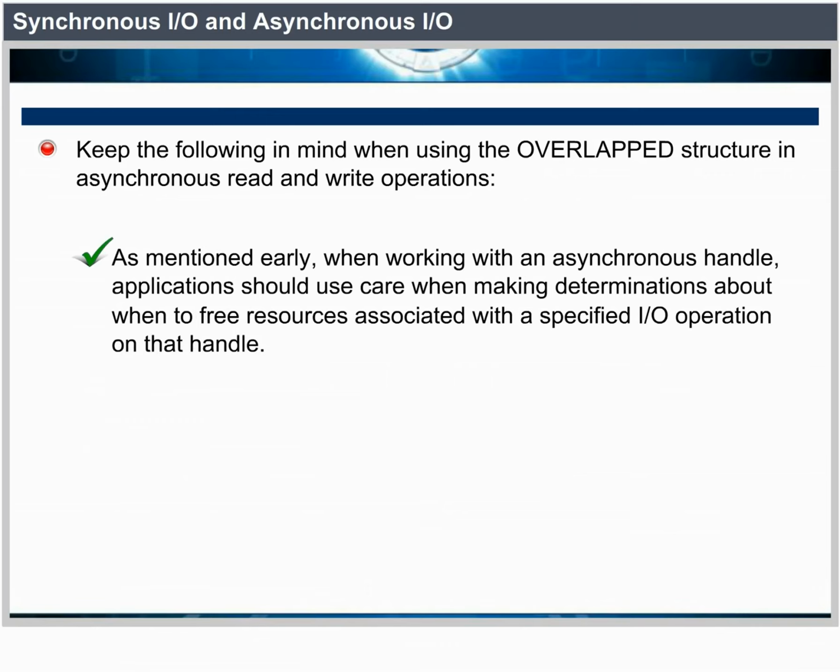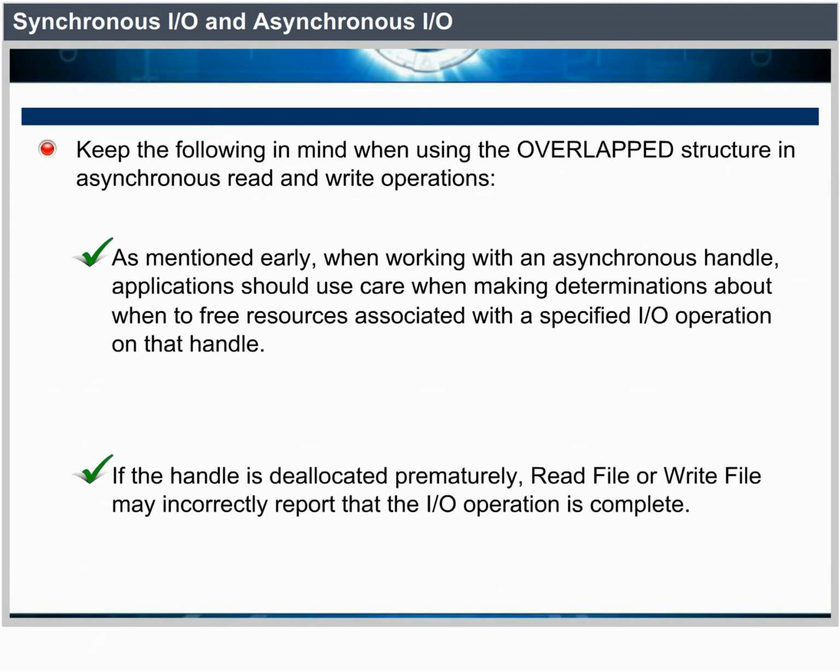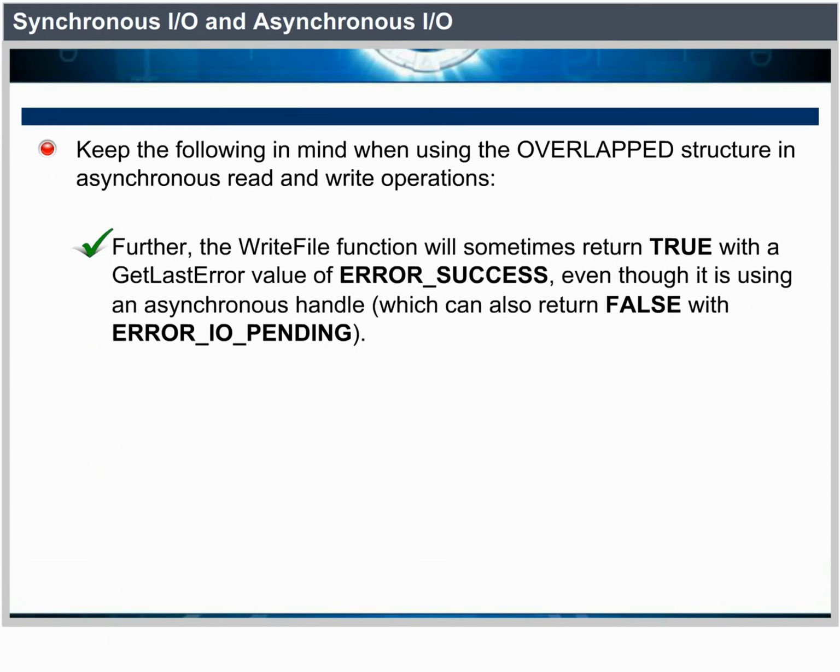If the handle is deallocated prematurely, read file or write file may incorrectly report that the input-output operation is complete. Further, the write file function will sometimes return true with a get last error value of error_success even though it is using an asynchronous handle, which can also return false with error_IO_pending.